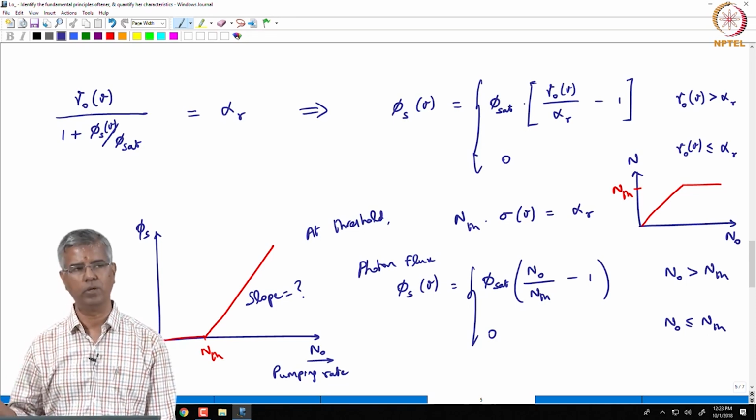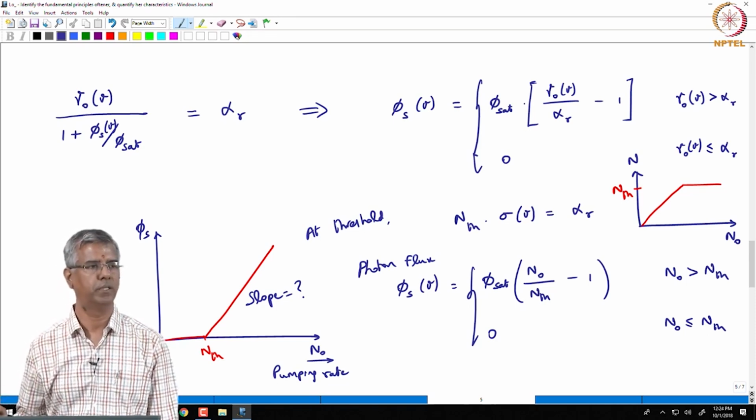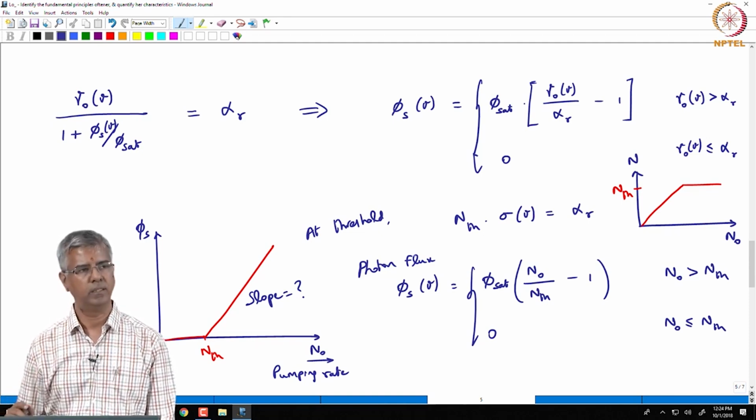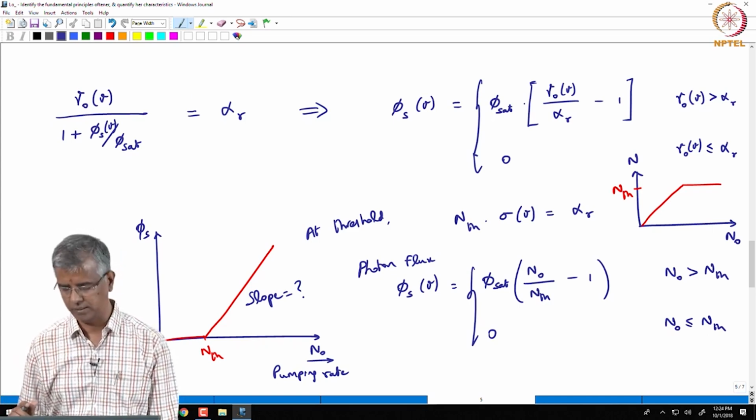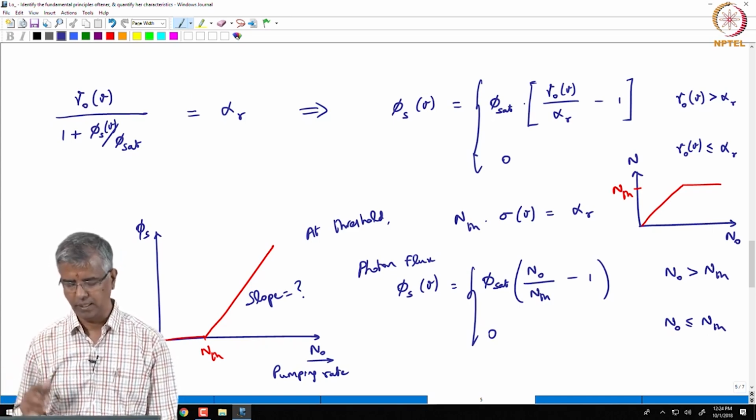So, any more inversion beyond the threshold inversion is going to result in the generation of these extra signal photons, which will essentially escape the cavity.